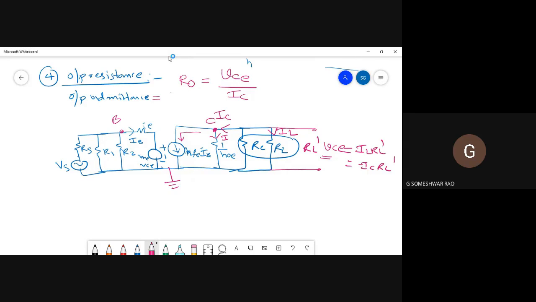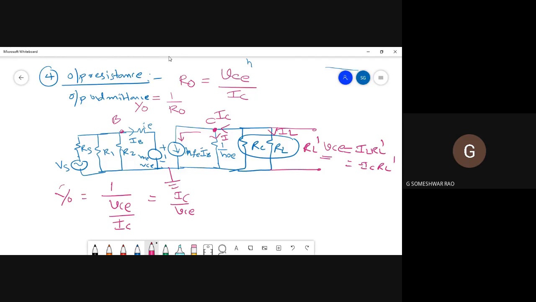Now, when I say output admittance, we are going to represent it as Y naught, which is 1 by R naught. So Y naught is equal to 1 by R naught. What is R naught? VCE by IC. Now, if you take output admittance, then IC by VCE you are going to get.